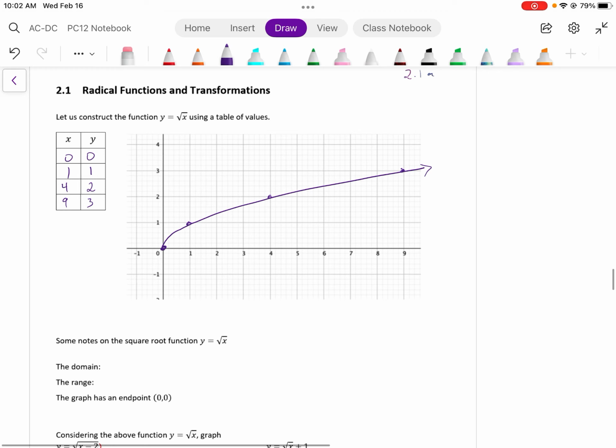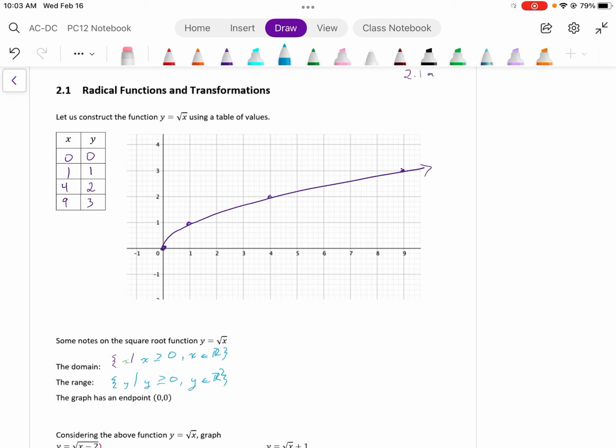Just quickly noting some characteristics about this: my domain is x exists such that x is greater than or equal to 0, where x is an element of the reals. The range is y exists such that y is greater than or equal to 0, where y is an element of the reals.